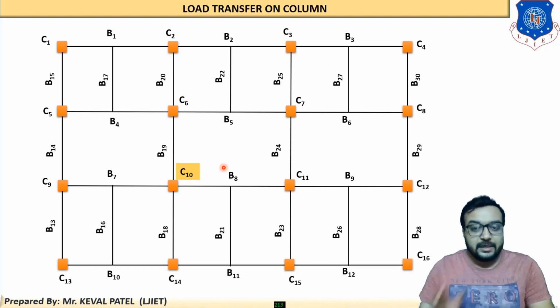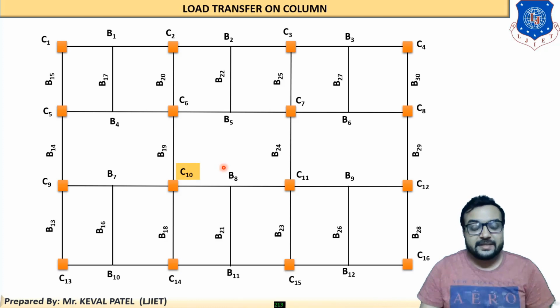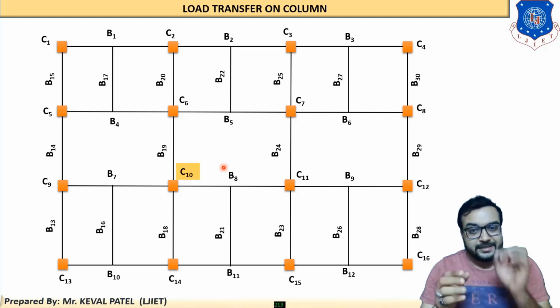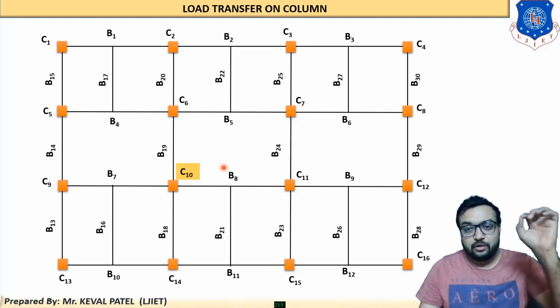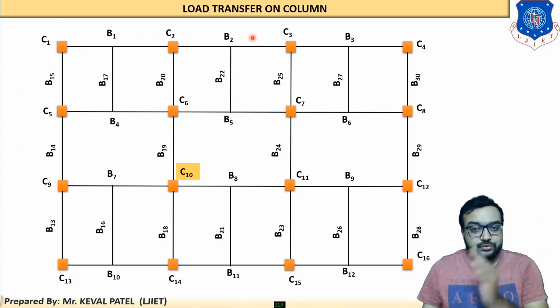Students, it was already discussed in our G plus 3 RC building topic how to give column and beam numbering. So I repeat it: column numbering is given from left to right, starting from the left top corner. You can see this is C1, left to right, C1, C2, C3, C4.